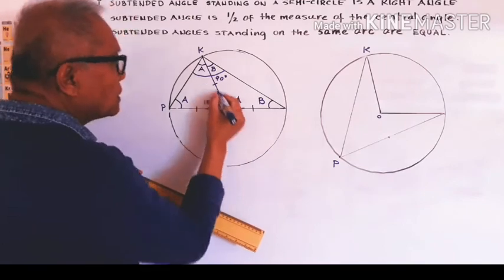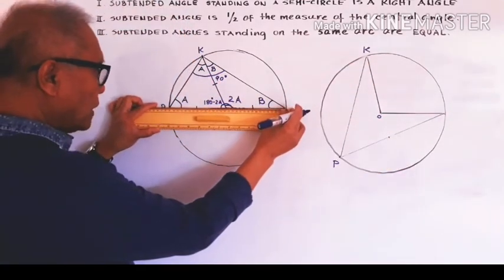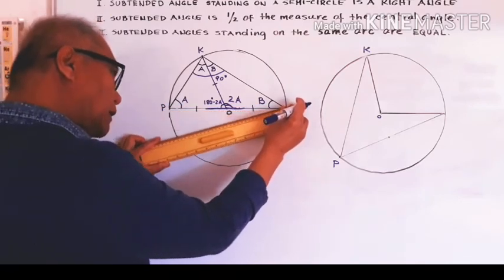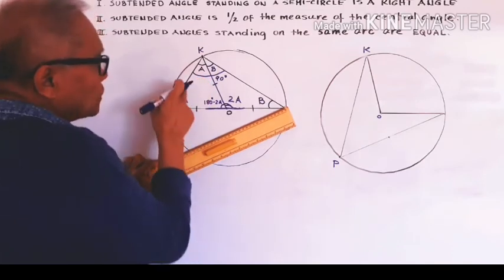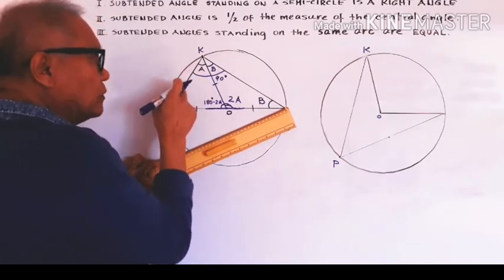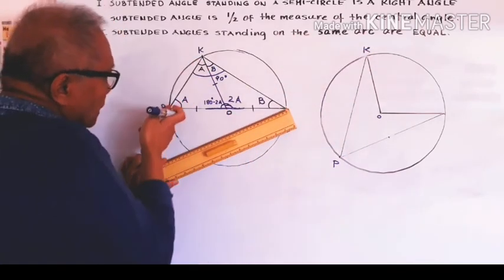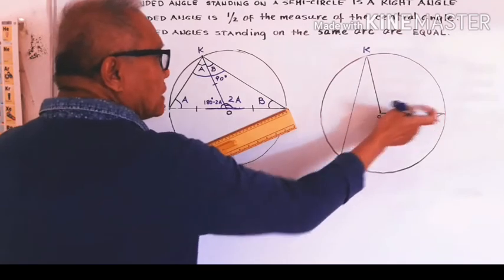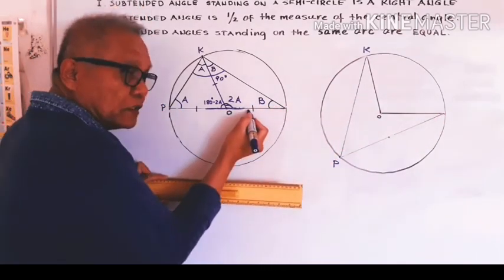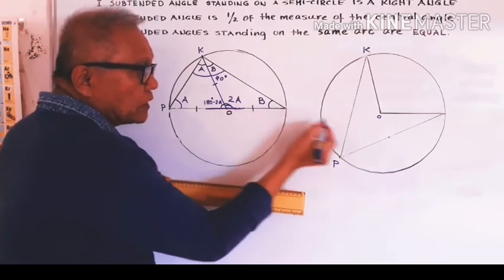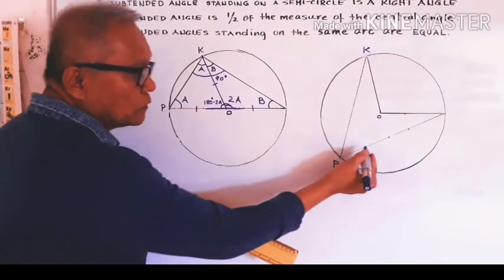I just move the point P, and then I connect K, because that line will be with P. We have two lines here, coinciding lines.